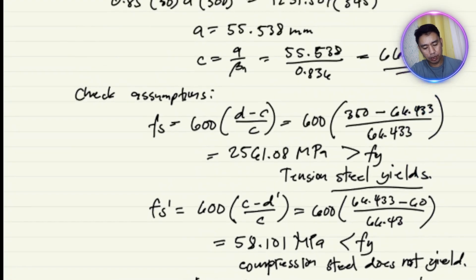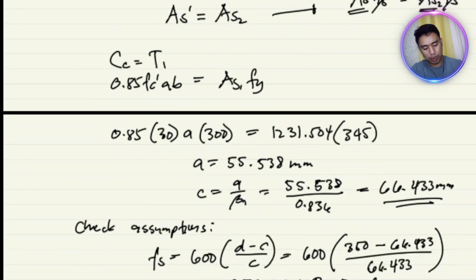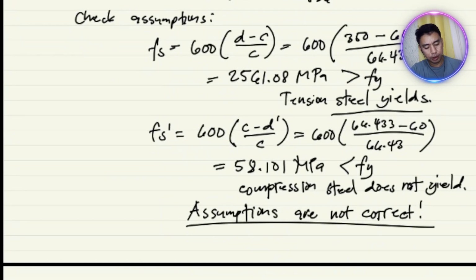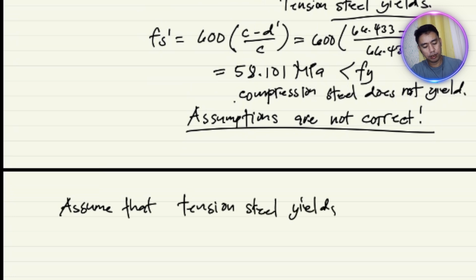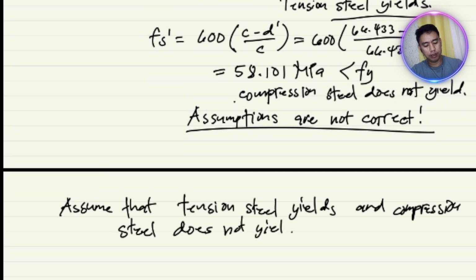So, ang lumabas is ang compression steel does not yield, pero ang tension steel nag-yield. So, we will assume again, assume that tension steel yields, while ang compression steel does not yield.